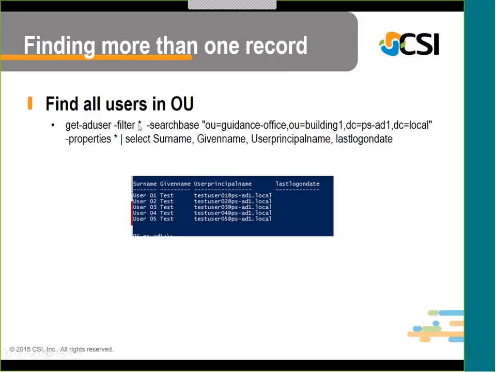And what I'm filtering on is star, where normally I would put in a username or look for a group or something like that, which is, again, beyond the scope of how to form the query here. But I'm just going to look for everything, and then another parameter available to me is search base, and then you can put in the location of the OU that you want to query.